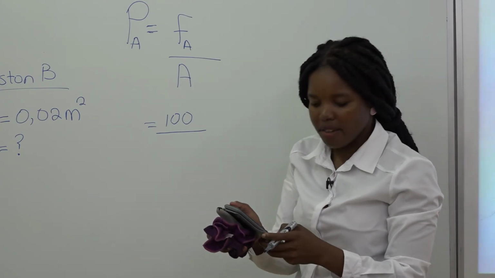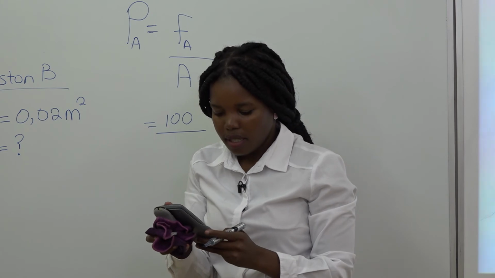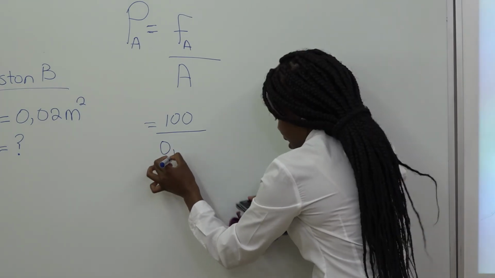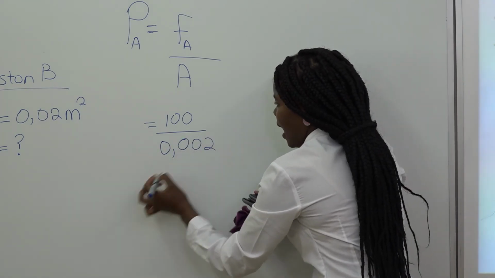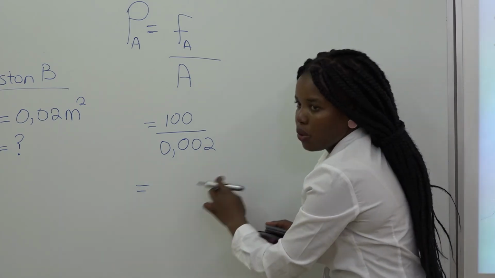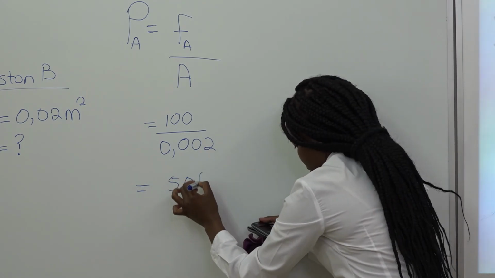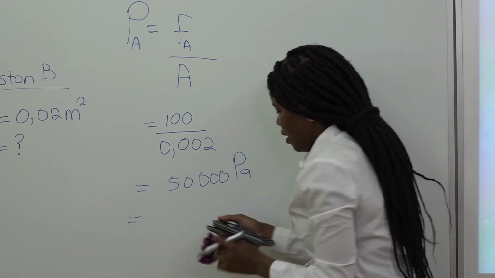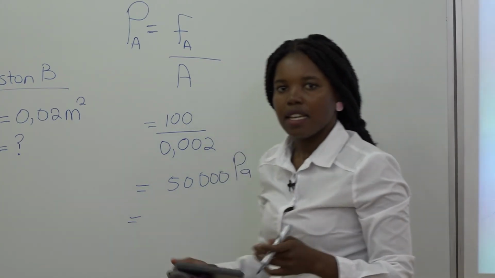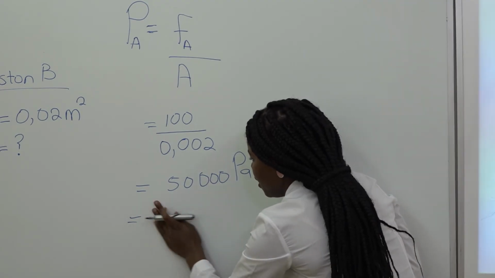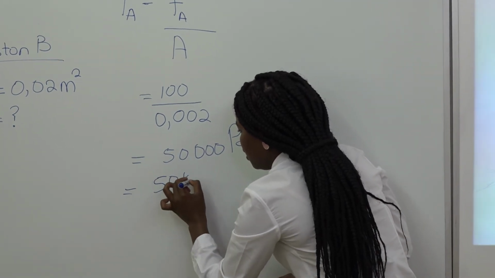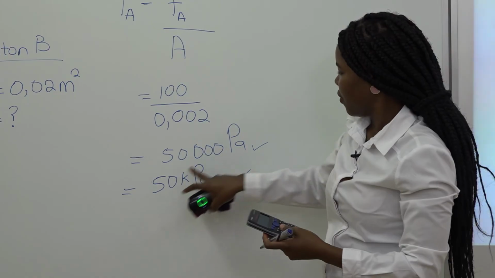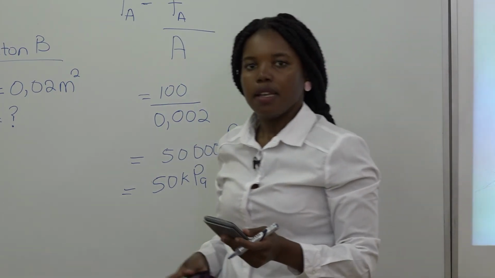To do our calculation, 100 divided by 0.002, we get 50,000 pascals. And 50,000 pascals can be written as 50 kilopascals. These answers are the same: 50 kilopascals is the same as 50,000 pascals.